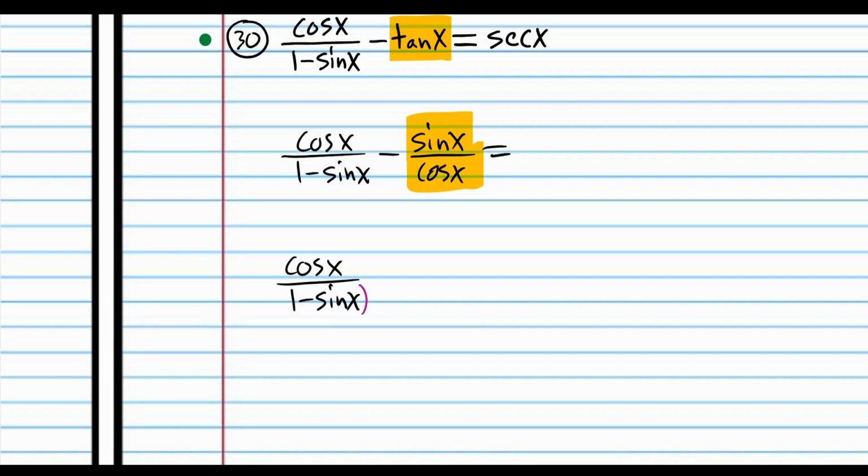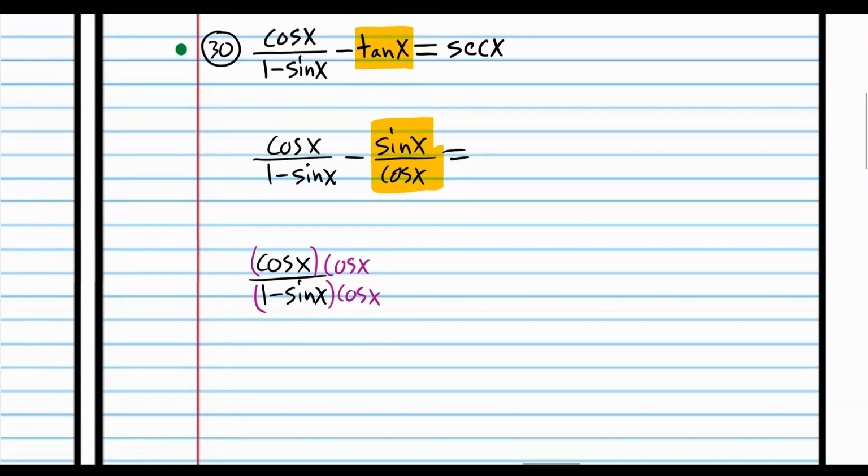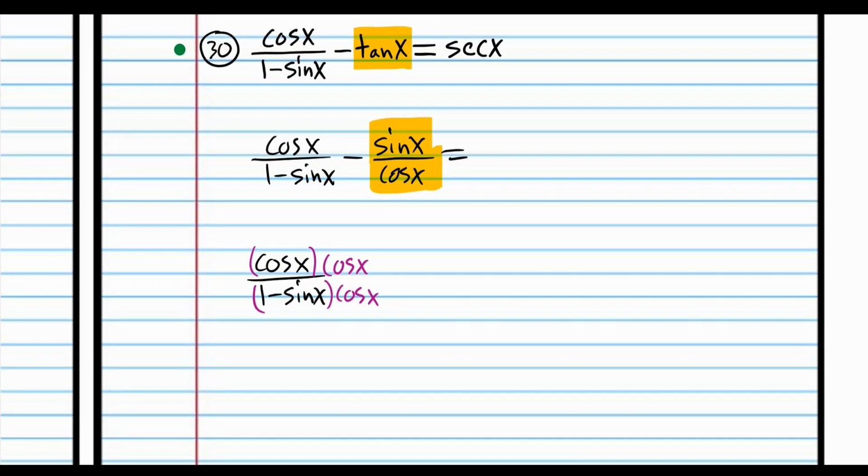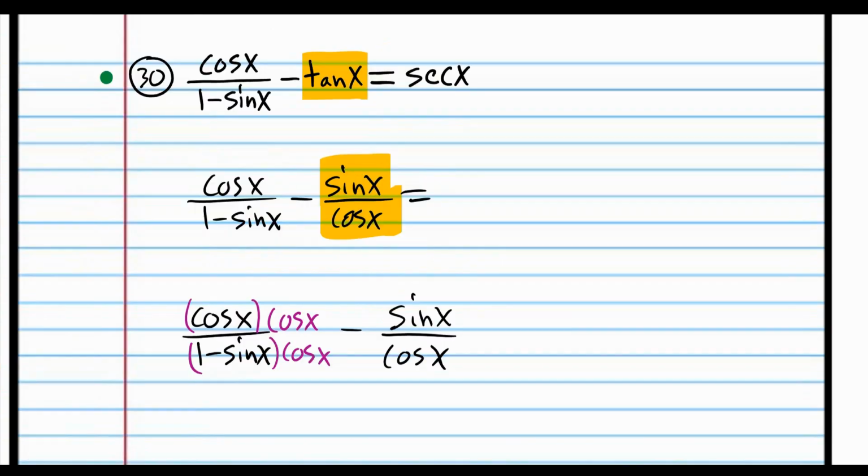I'm going to multiply both sides by cosine x, just to keep things balanced, I'll use parentheses on both of these. Visually balanced. And I'm going to multiply both sides of the other fraction by 1 minus sine x.